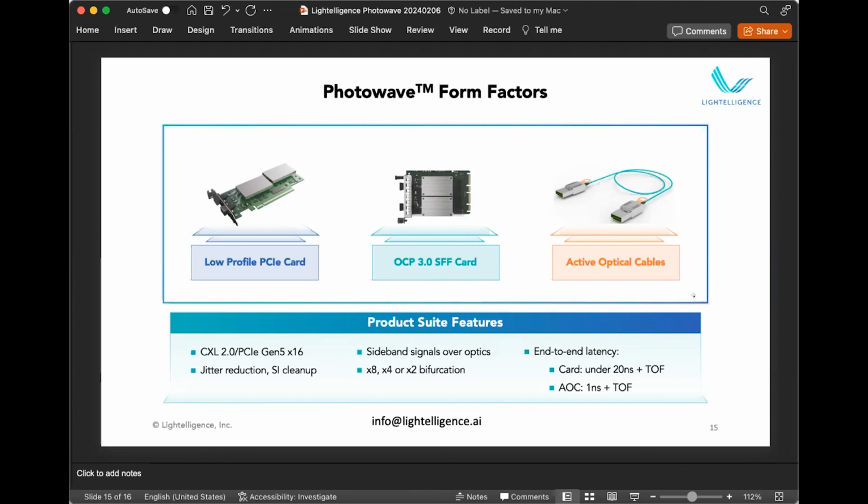That is compared to the active optical cable, which does not have a retiming function: the cable's latency is less than 1 nanosecond plus time of flight. With the active optical cable, the latency will be dominated by the speed of light, which is roughly 5 nanoseconds per meter.